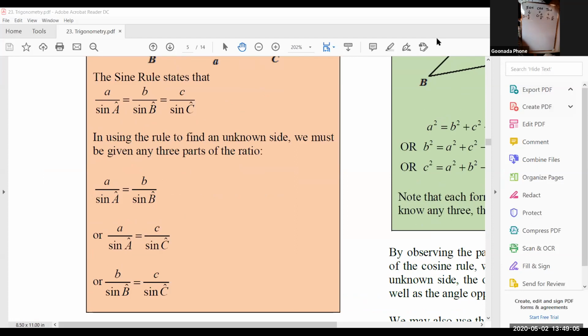Now, when using the rule to find an unknown side, we must be given any three parts of the ratio: A and sine A, B and sine B, or A sine A, C sine C, or B sine B, C sine C. Everybody comfortable with that so far?